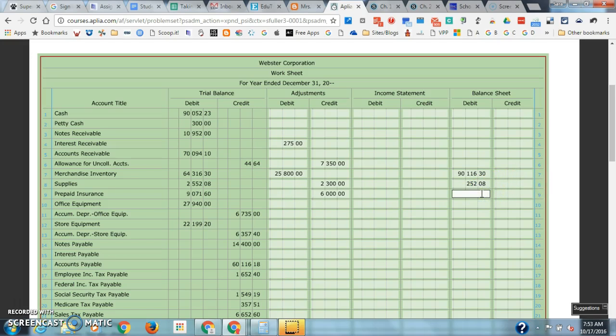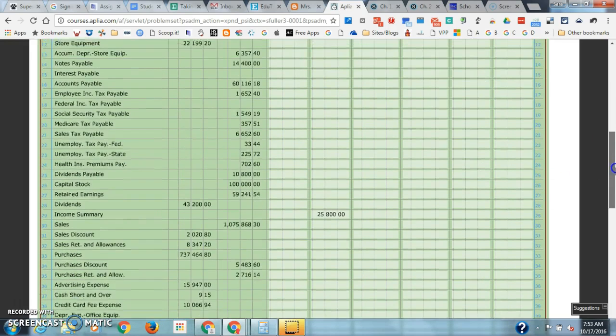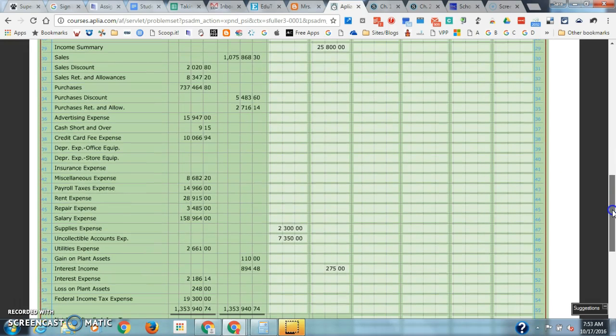And then our new debit in the balance sheet is that number they've given us, $3,071.60. And our matching is going to be insurance expense, which is here on line 41, and so a debit of $6,000.